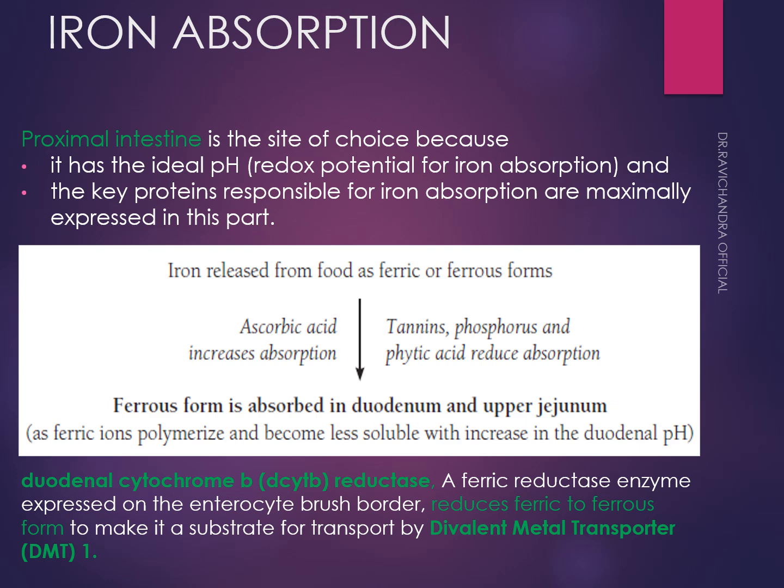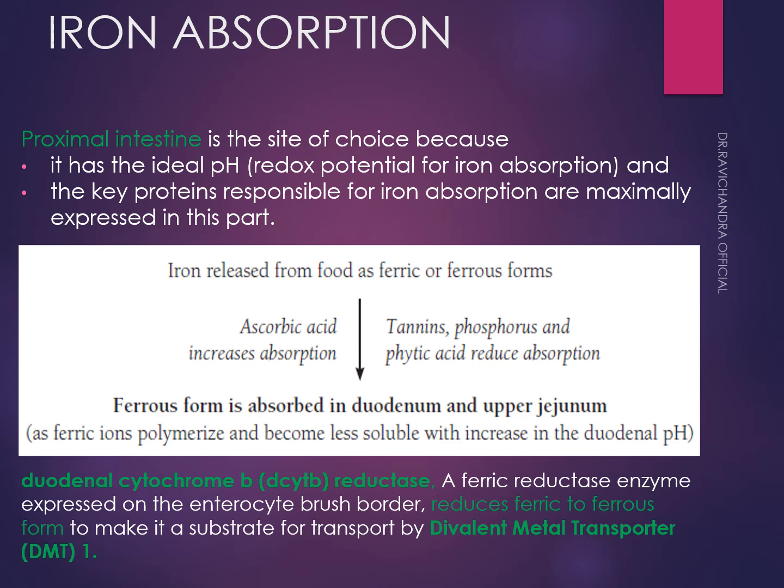So from the food, Fe+3 to be absorbed, first it has to travel throughout the body up to intestines. So it is transported in the form of Fe+2, converted from Fe+3 to Fe+2. And this Fe+2 is carried by divalent metal transporter 1, DMT1. This DMT1 is not only carrying the Fe+2, it can even carry copper+2 and magnesium+2 ions.